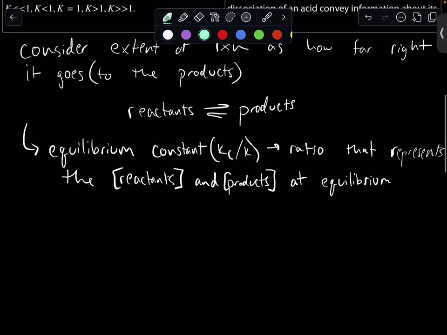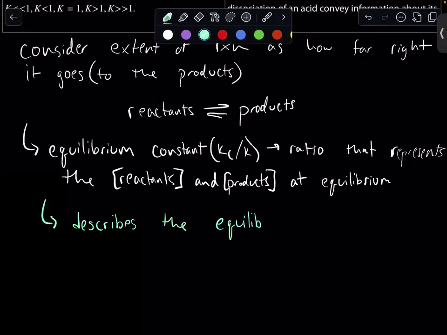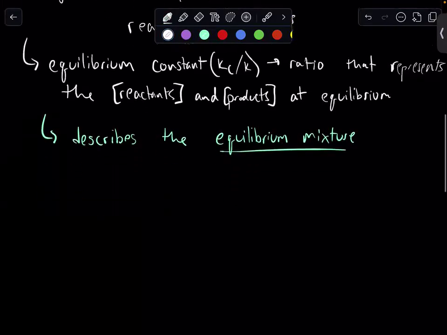We can also say that it describes the equilibrium mixture, which once again is that mixture of reactants and products at equilibrium. So the equilibrium constant is going to describe these ratios, and so we have naturally an equation for it.